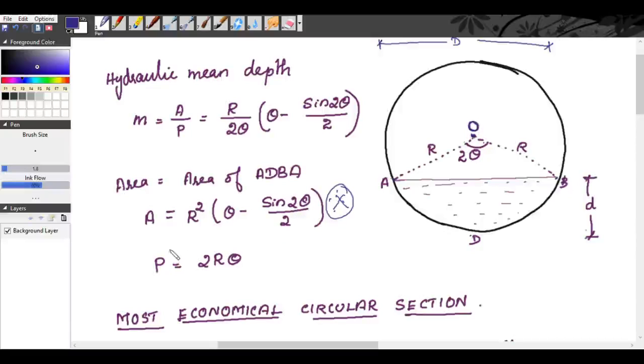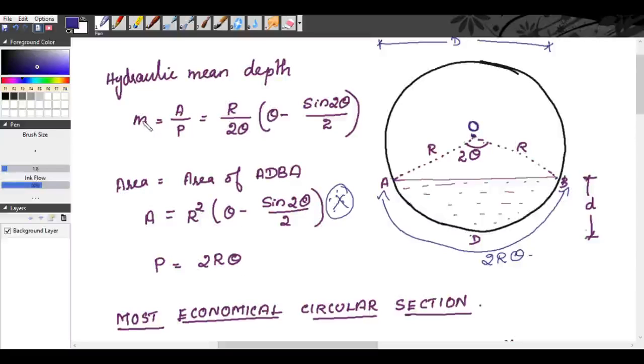And the wetted perimeter P is equal to, we know the radius is R, so R into 2 theta. So, this distance ADB will be equal to 2R theta. So, that is your perimeter. So, area is equal to R square into theta minus sine 2 theta by 2 and P is equal to 2R theta.